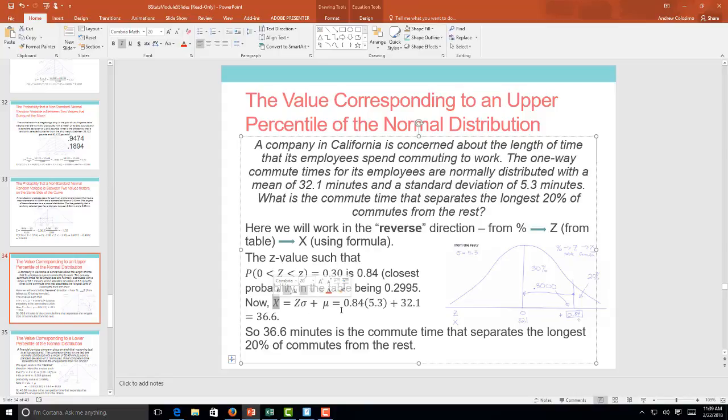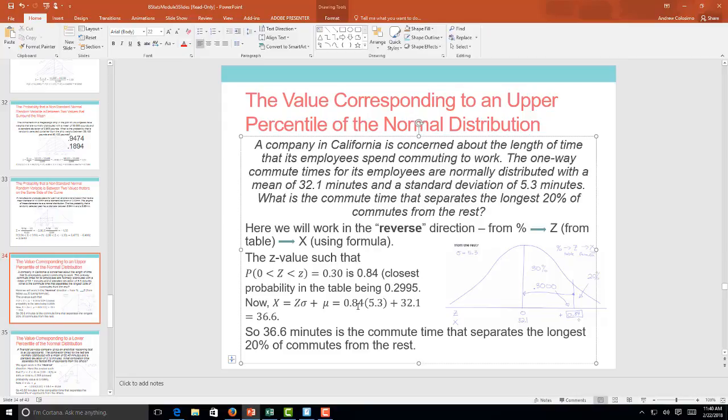If you are good at algebra, you could use z equals x minus mu over standard deviation, plug in what you know and solve for the x value. Or you can use this formula, which is x, the point we want to observe, is equal to the z times the standard deviation plus the mean.